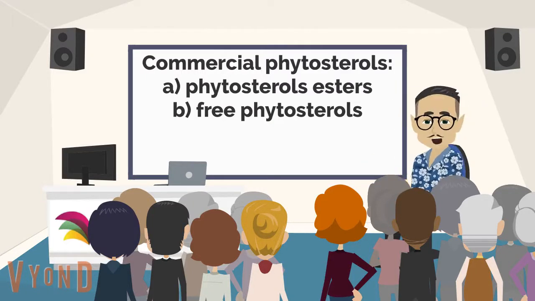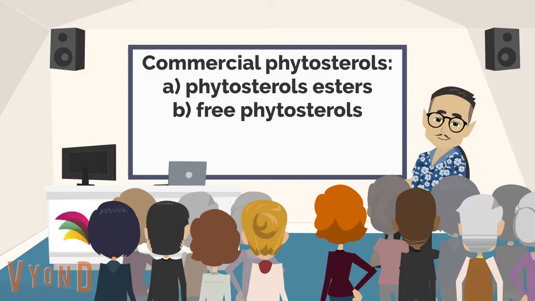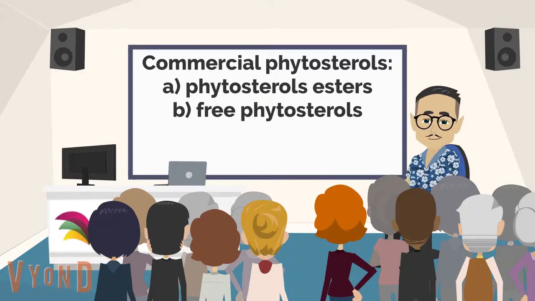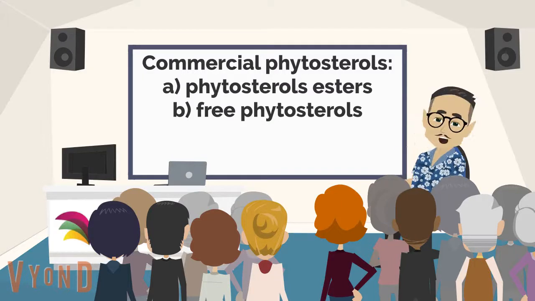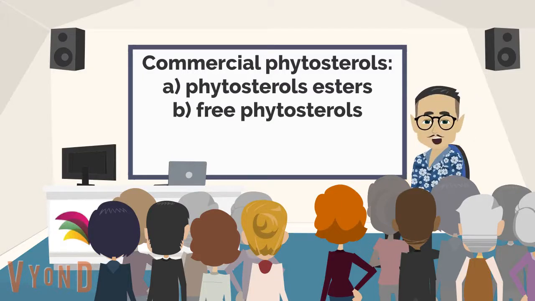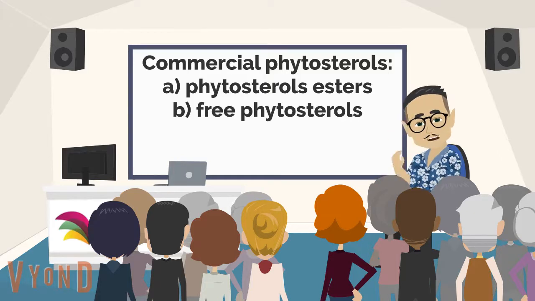The second type is free phytosterols in crystalline form, with various particle sizes, typically from 30 to 300 microns. These are more stable because they don't have this PUFA moiety. An example would be beta-sitosterol, but the typical problem is with the particle size.